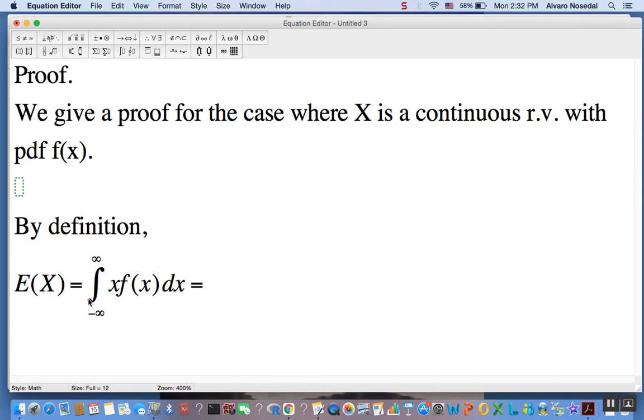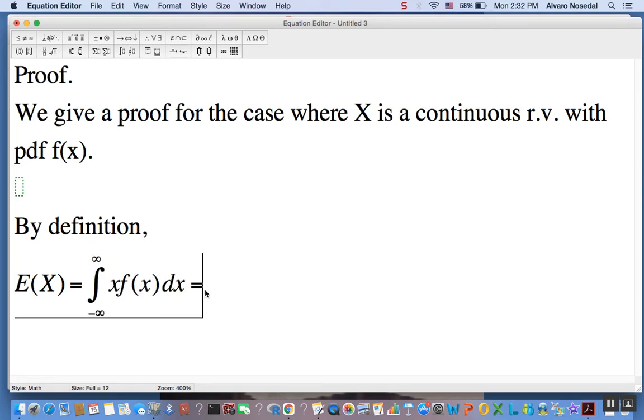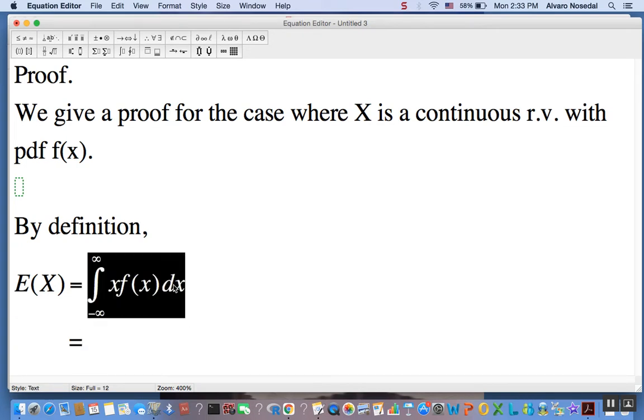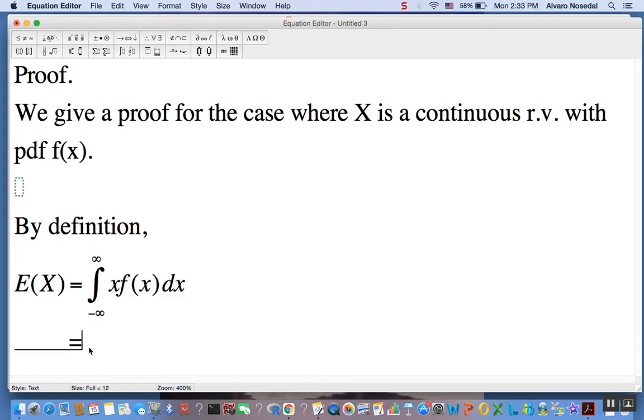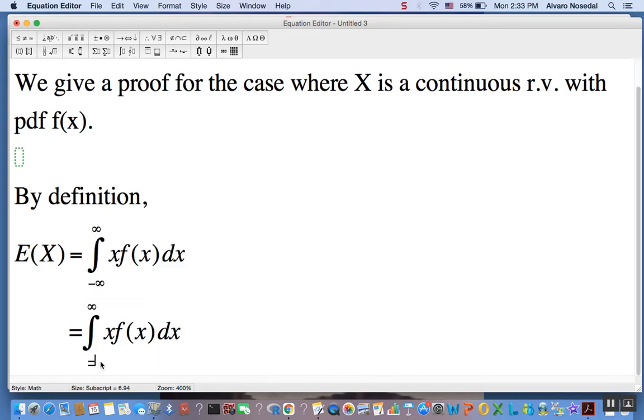So let me break this down into two, like this. So the only part that matters is from 0 to infinity, just like for an exponential.